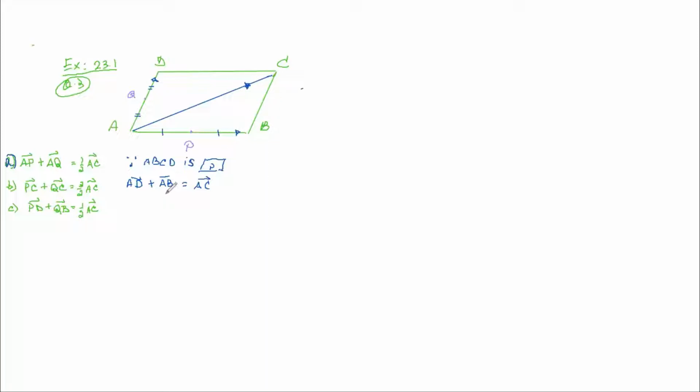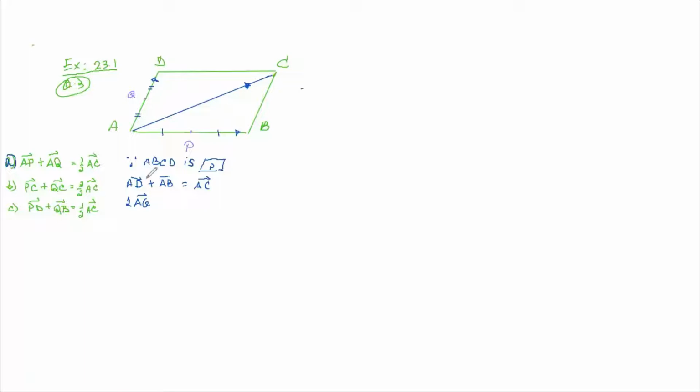Now next, AD. You can see AD is what? Because we know Q is a half of AD, we try to get AQ, AP plus AQ. So I will say AD is 2 times AQ, because for the length we know AQ equals QD, then vector AQ equals vector QD.